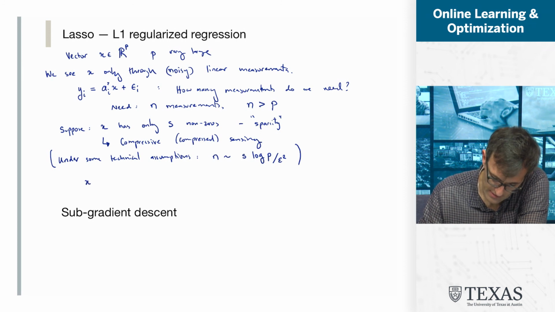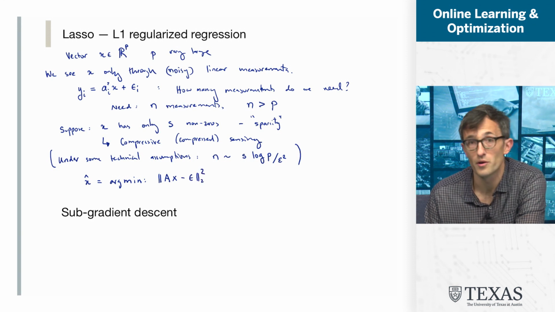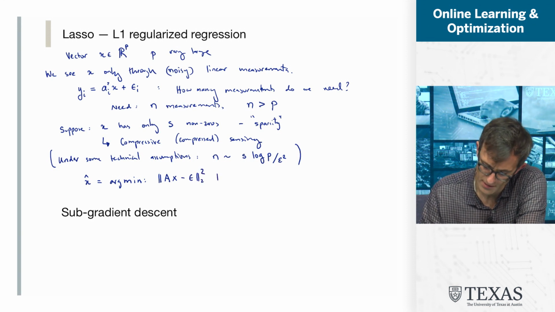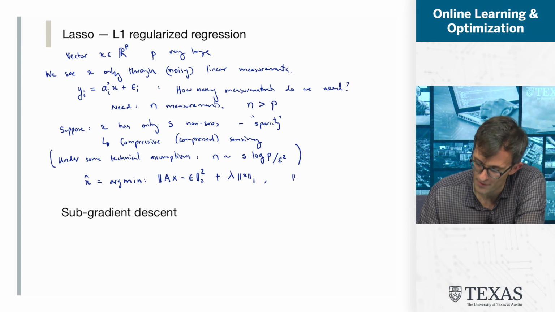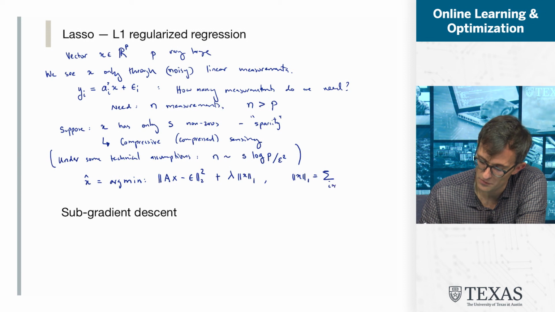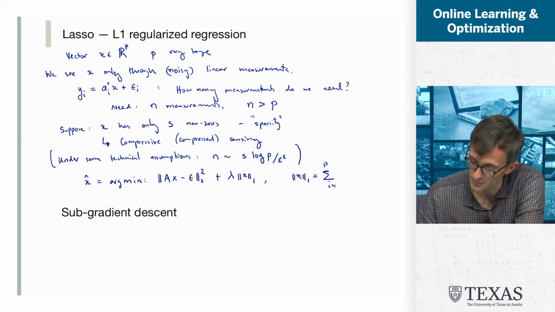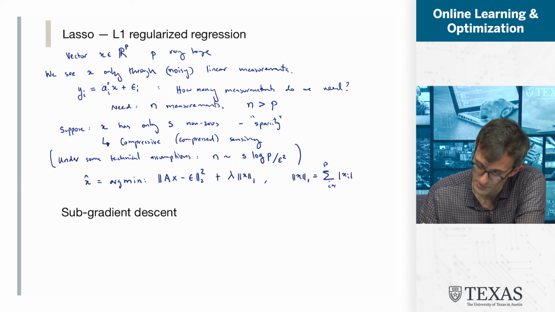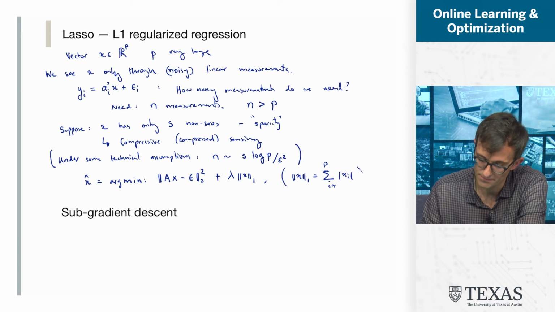We set x to be the argmin of the following problem: not just the standard regression problem, which would be ordinary least squares regression, but regularized by the L1 norm, where remember that the L1 norm is the sum from i equals 1 to p, because x has p variables, of the absolute value of x_i.